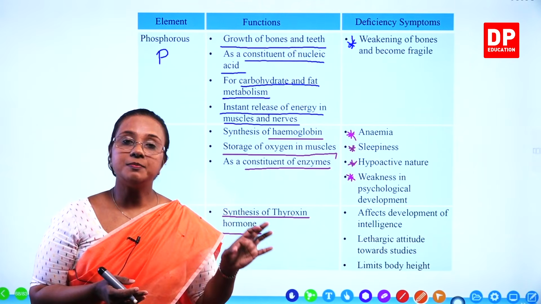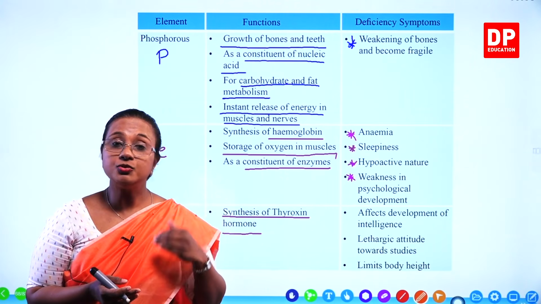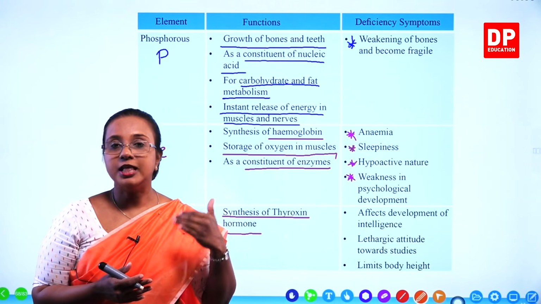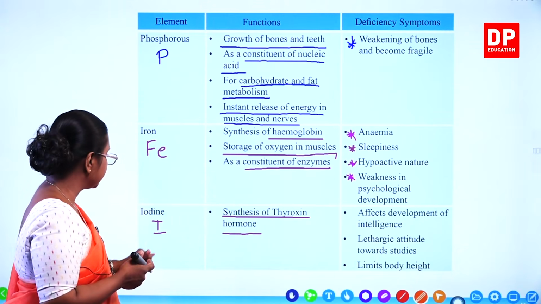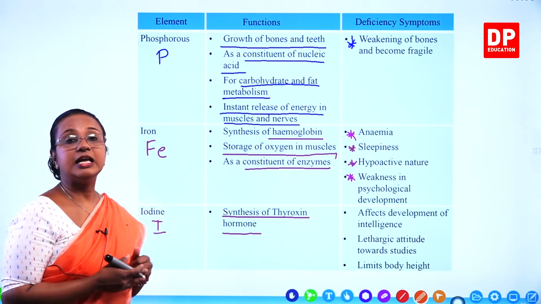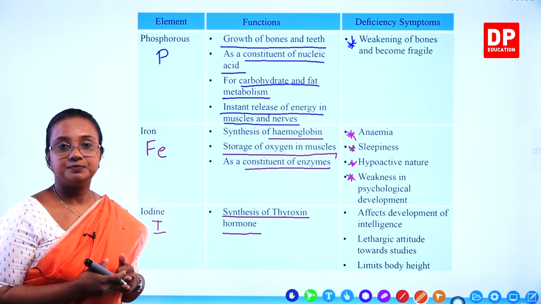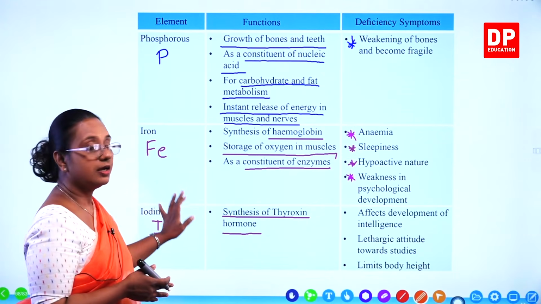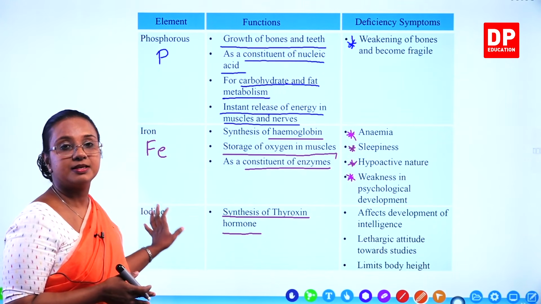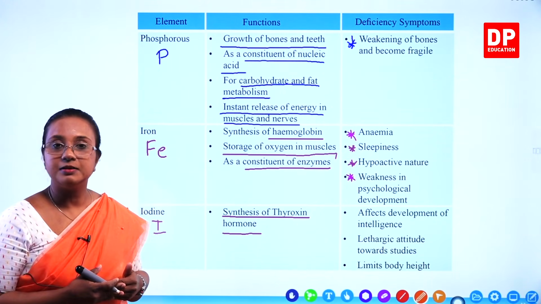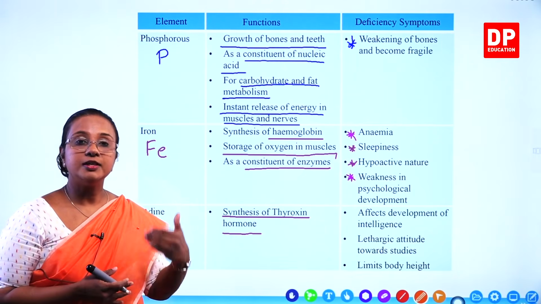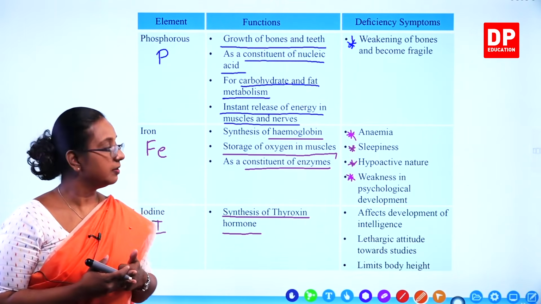But if you are a person who has too much thyroxine, then of course the person has to reduce the intake of iodine. So normally a healthy person needs a certain amount of iodine for the proper function of the body.